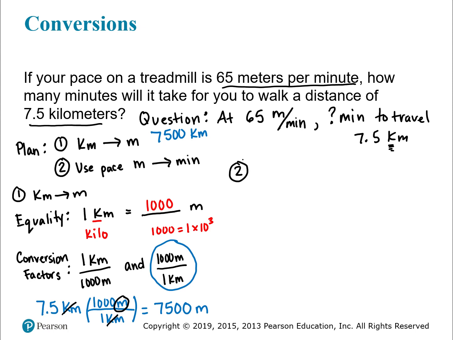For the second part of our plan, we need to go from meters to minutes. And at 65 meters per minute, we can actually write that as an equality. This equality is only good for this problem. 65 meters is equal to 1 minute.